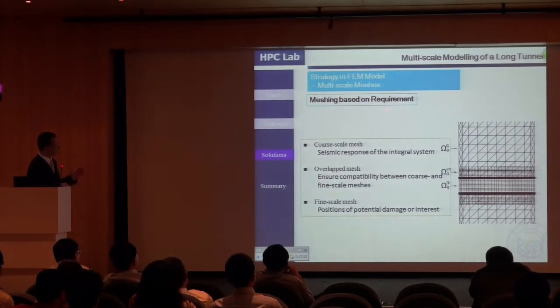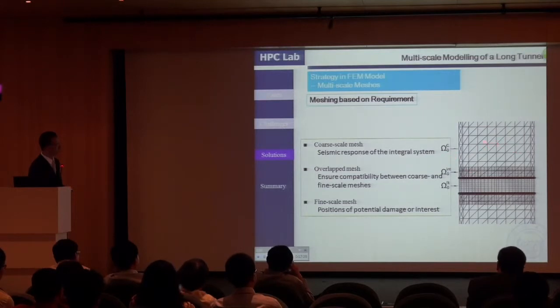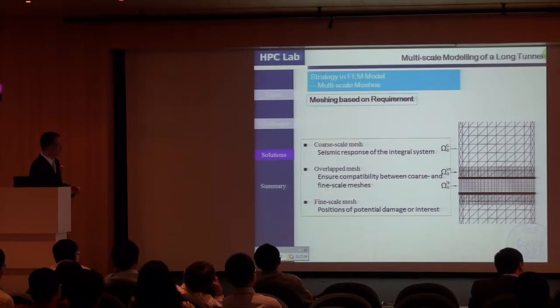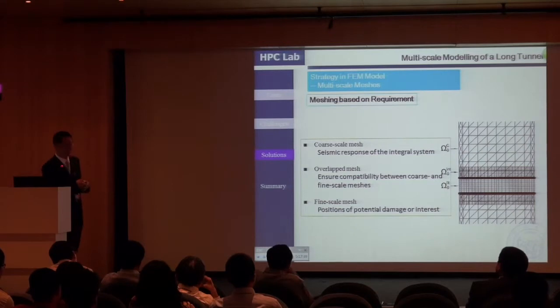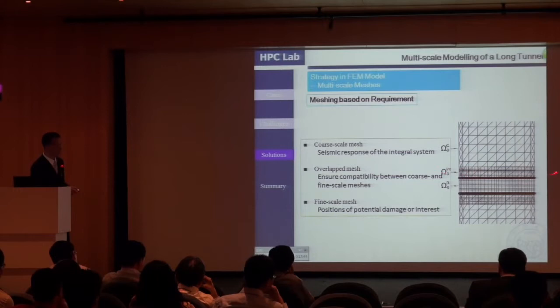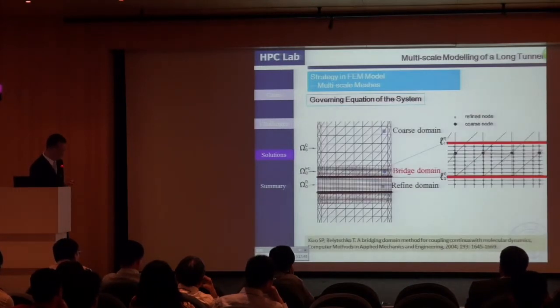If we use that kind of method, we just consider the coarse mesh and also the fine mesh, and we don't need to update the mesh. That will introduce an interface, the overlapped area. If we can develop or deduce some formula for this area, we can solve this problem.